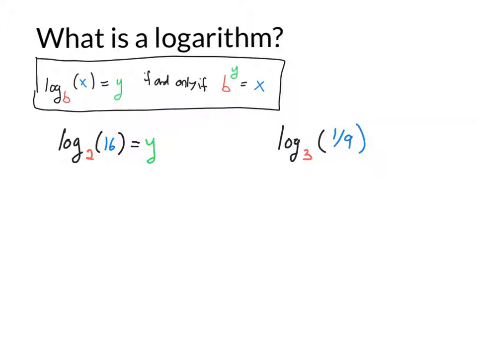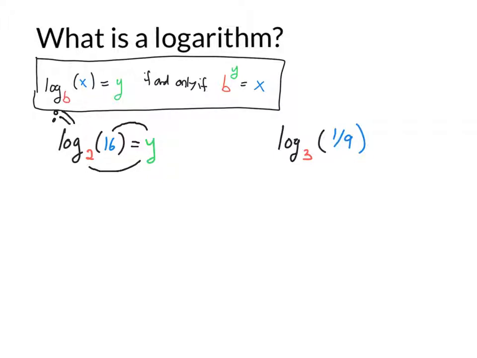What we have here is now a question: 2 to what power gives me back 16? So 2 to some power y is equal to 16. And then we'll put our little snail here, so we'll use the snail method on this one.